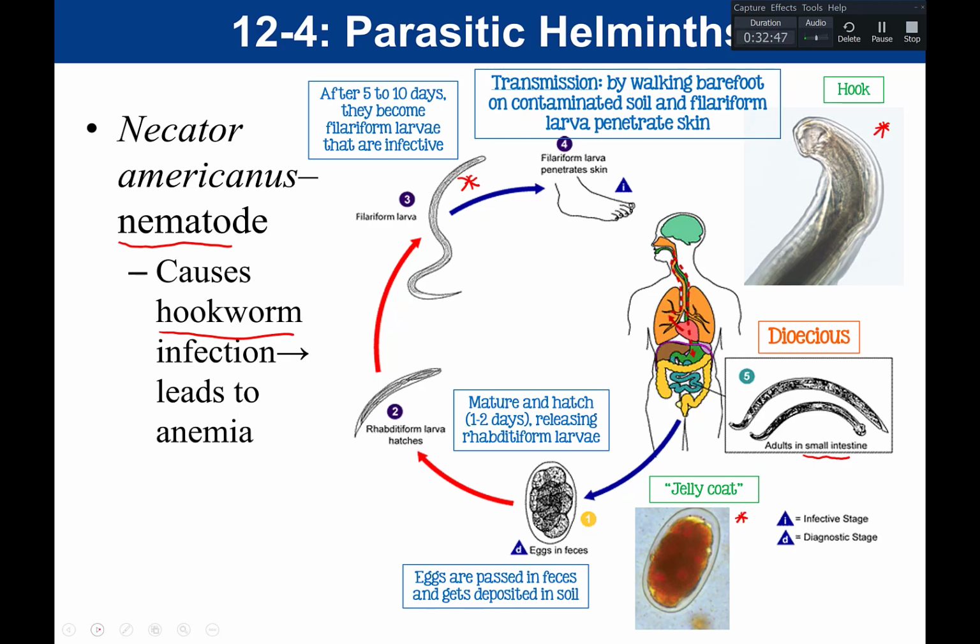So in the US, this was seen more prevalently in the South, where people would go out barefoot in the woods and they would step on these larvae and end up with this hookworm infection. However, we don't see that as much in the US these days.